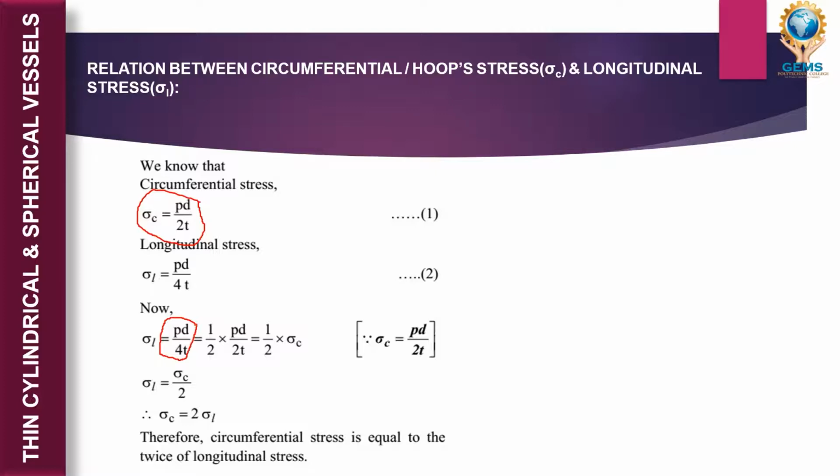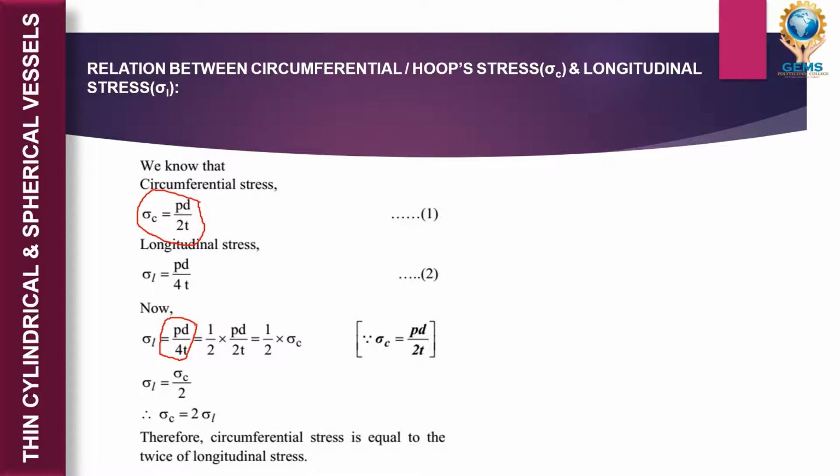Understand? Here we have taken out 1 by 2, so it becomes PD divided by 2T. When we multiply 1 by 2 with PD divided by 2T, it comes as PD by 4T. Keep this in mind: if we split one term into two terms, then when they are combined they must give the value of the first term.